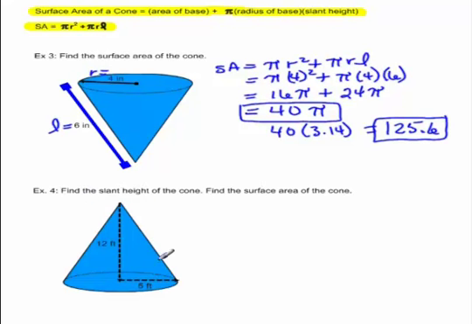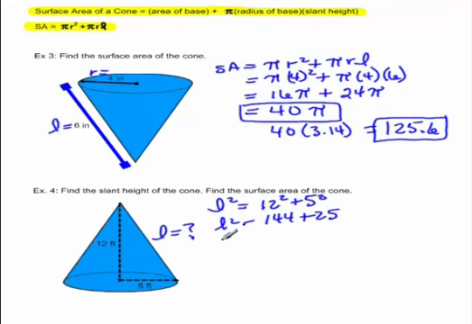In this problem, you'll notice that the slant height is missing. So we still need our formula, but the first thing we need to do is find our slant height. So we'll do L squared is equal to, one leg is 12 and the other leg is 5, so 12 squared plus 5 squared. So L squared is equal to 144 plus 25.